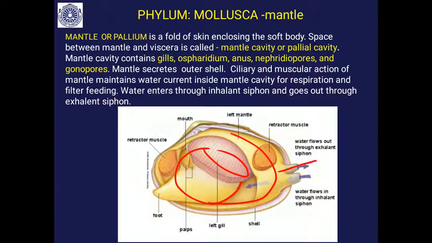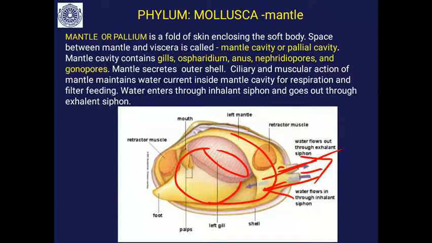There is an inhalant siphon, through which water enters, and an exhalant siphon, through which water goes out. The mantle cavity opens outside through the inhalant and exhalant siphons. Near the exhalant siphon you will find the anus, the nephridiopores, the openings of nephridia, and the gonopores, the openings of the genital pore. All these are present in the mantle.